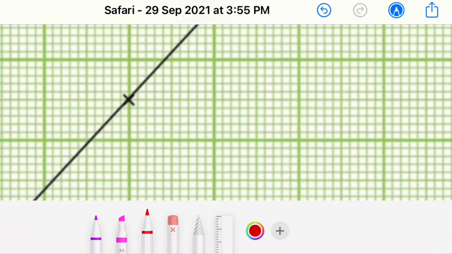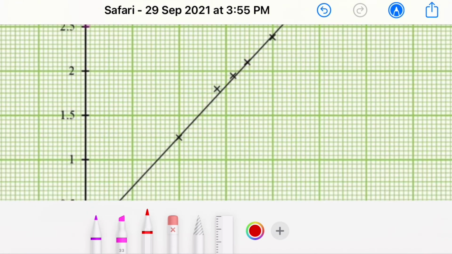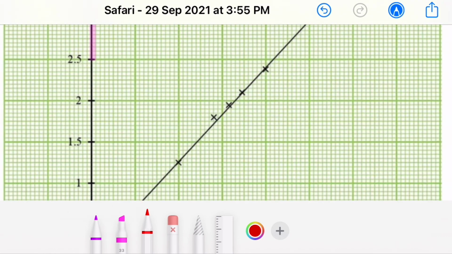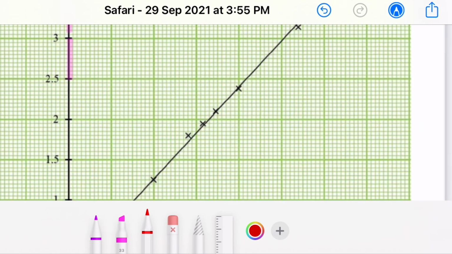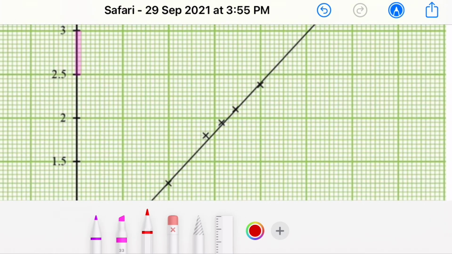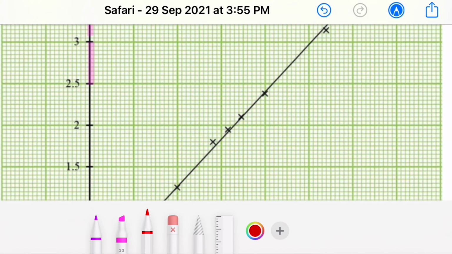And then when you plot the points, what it means by line of best fit is that you must make sure the points that are not on the line, this one and this one, must be one above the line, one below the line. The distance from the point to the line must be as small as possible.